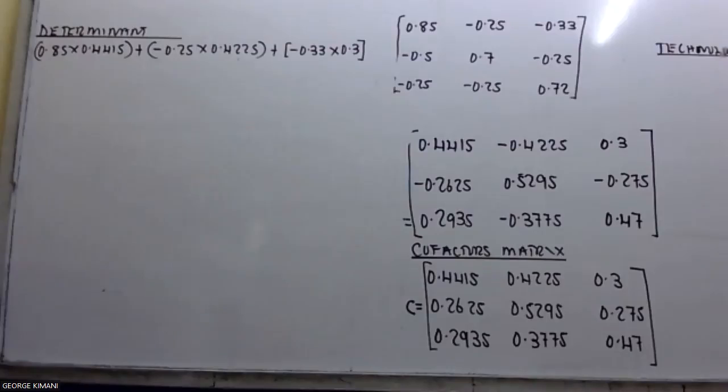So that is 0.85 times 0.4415 plus minus 0.25 times 0.4225 plus minus 0.33 times 0.3 equals.